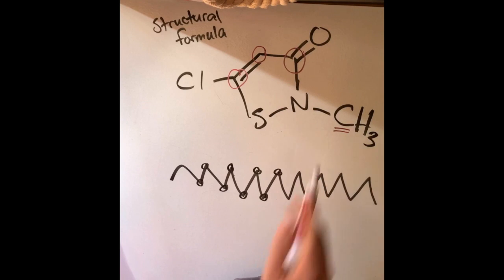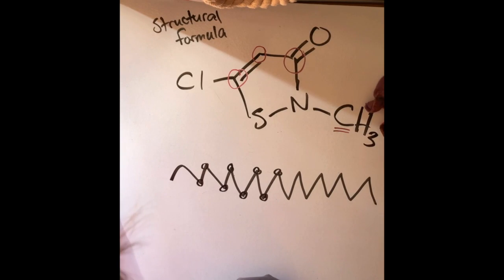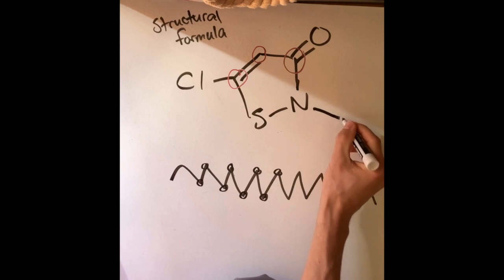This carbon, it was a choice by the person who made this structural formula to write the C there. They could have also written it simply by doing that and just having a line that goes off the end like that.